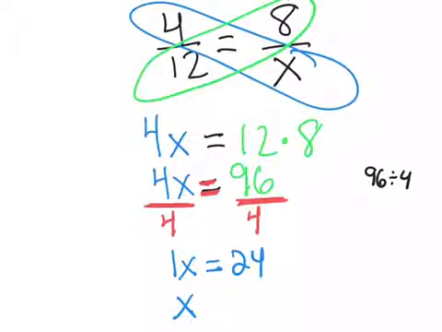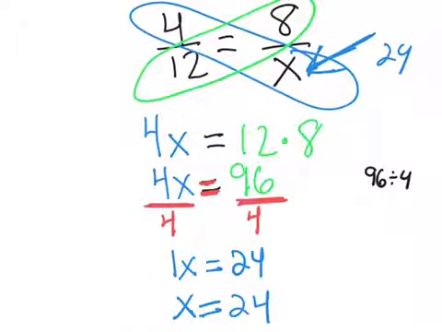Think about when you're alone, it's just X. So you could either write 1X or just regular X. But we know that the mystery number here that we were looking for should have been a 24. That makes logical sense to us because 12 times 2 would be 24, and 4 times 2 would be 8. So it does make sense that the answer here would be 24.